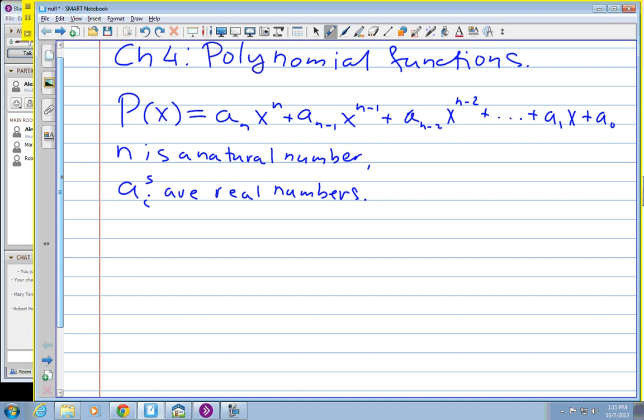Whatever the highest power that you see, in this case it's n, will be the highest power, that determines the degree of this polynomial. So we say this is a polynomial of degree n. So if the highest power that you see is 5, it's a 5th degree polynomial. If the highest power that you see is 11, that's the 11th degree polynomial.